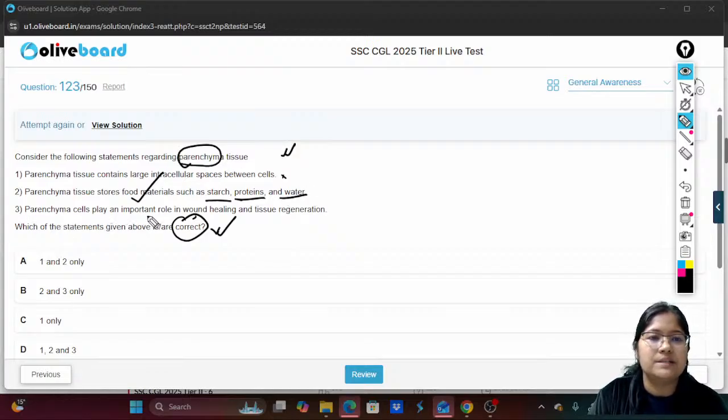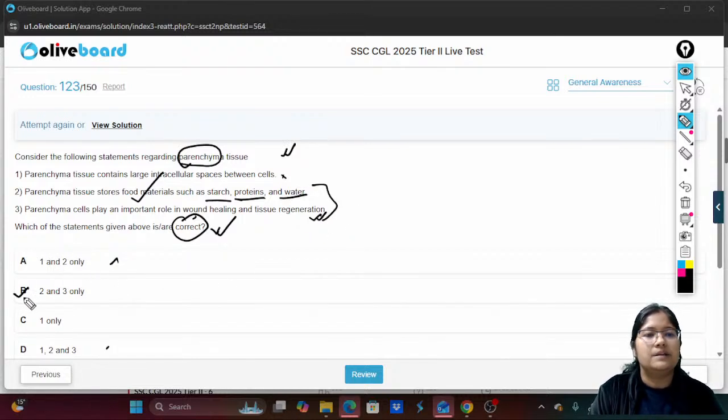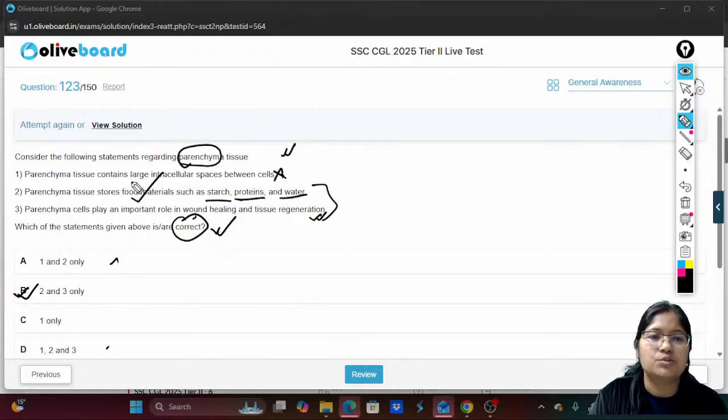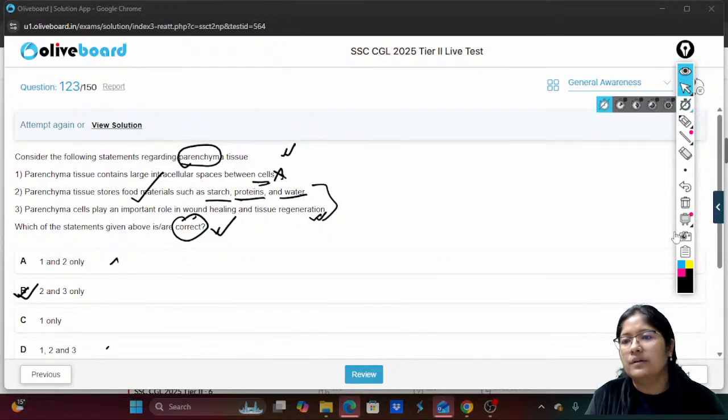Parenchyma cells play an important role in wound healing and tissue regeneration. True. So 2 and 3 are true, and here B is the correct answer because 1 is not correct. Parenchyma tissues do not contain large intercellular spaces between the cells. Next question.